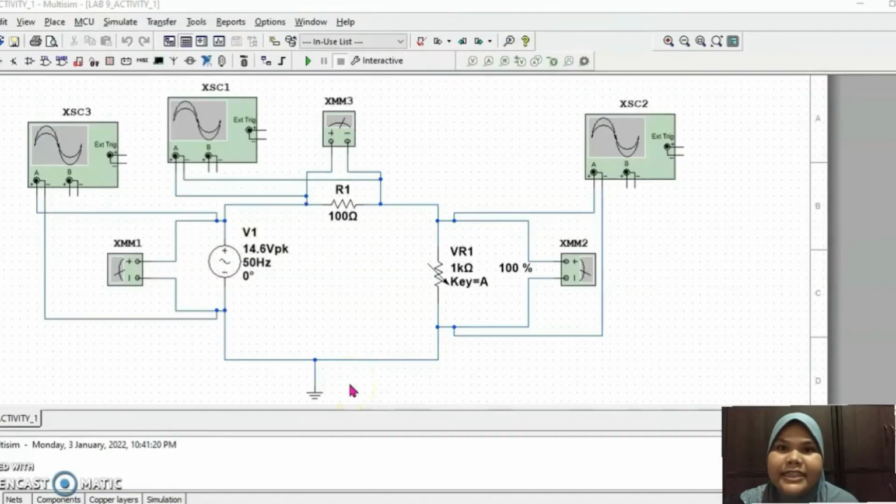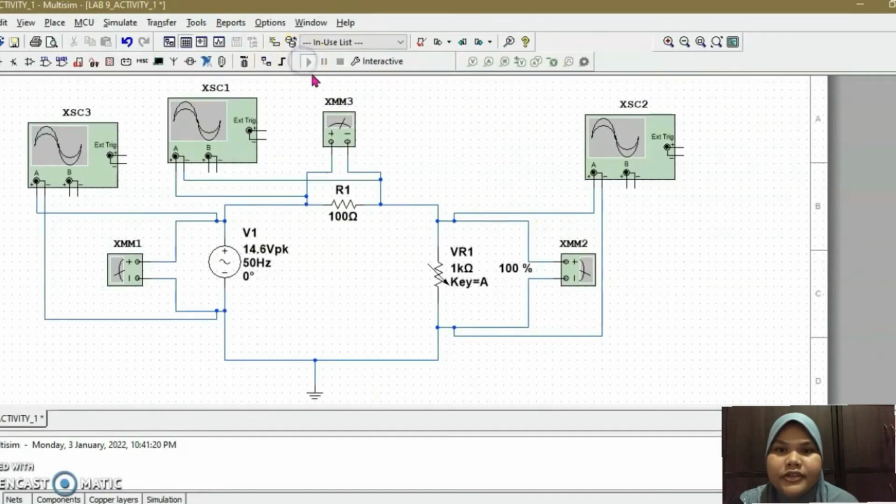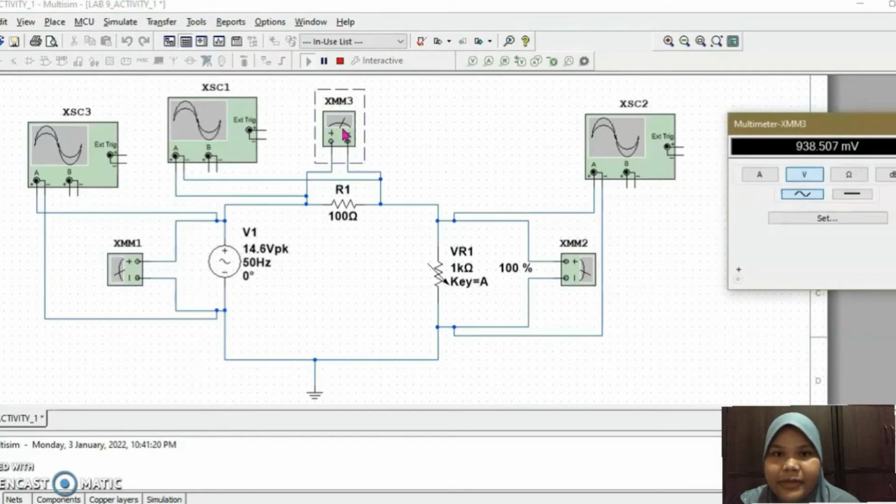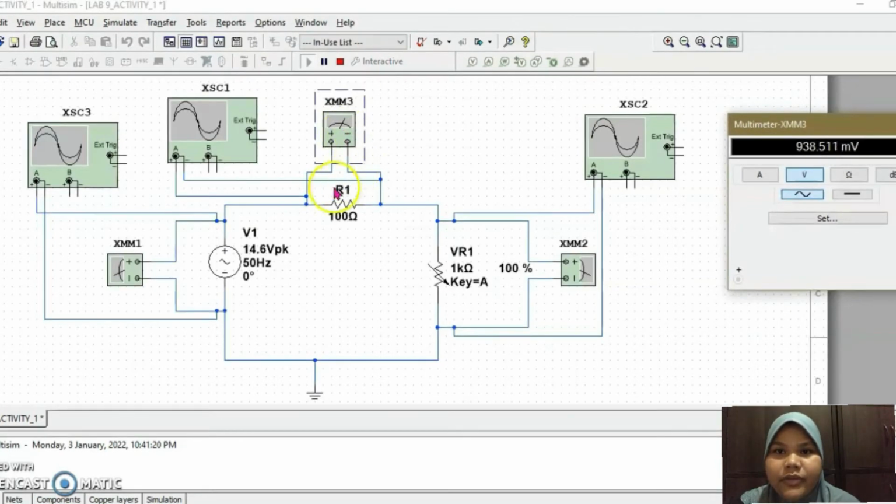Assalamualaikum Doctor, my name is Siti Nurul Jana, and I will continue with Activity 1 for the R1. So this is our circuit. Now we run the simulation. For VR1, the multimeter reading for VRMS is 938.515 millivolt.